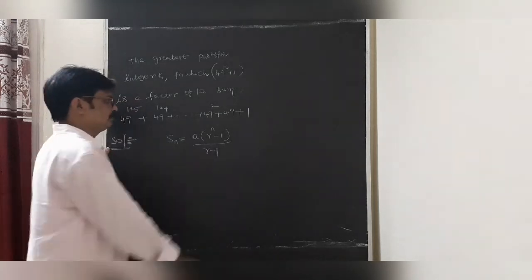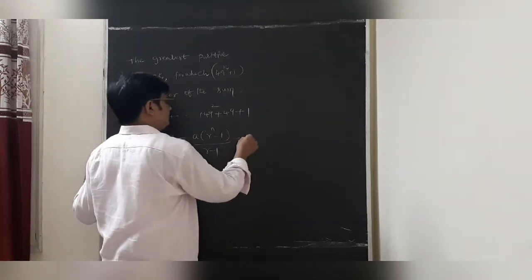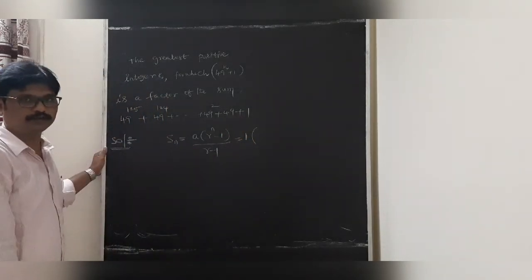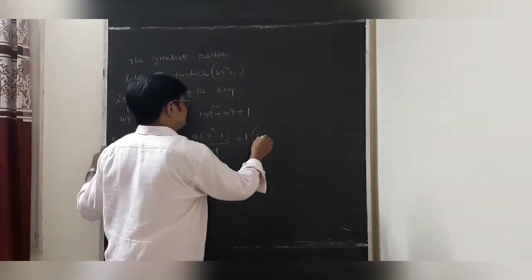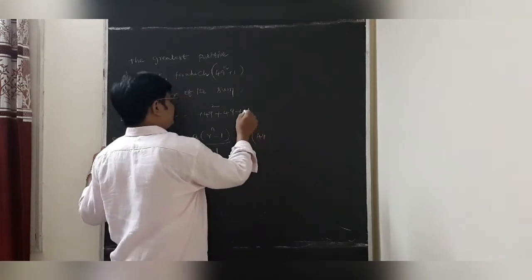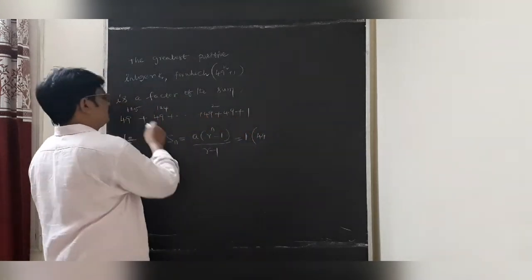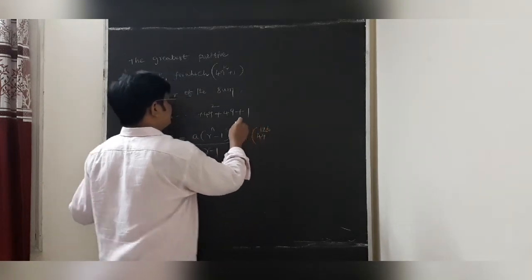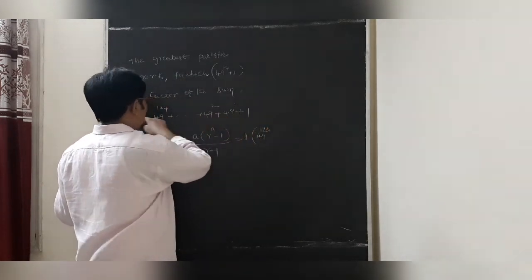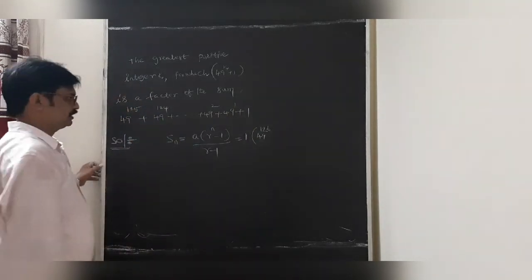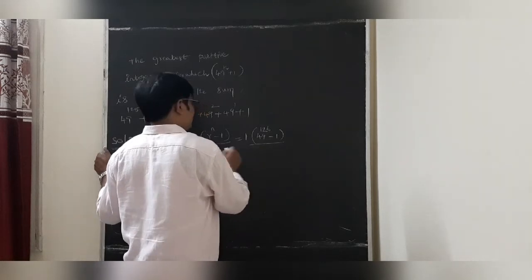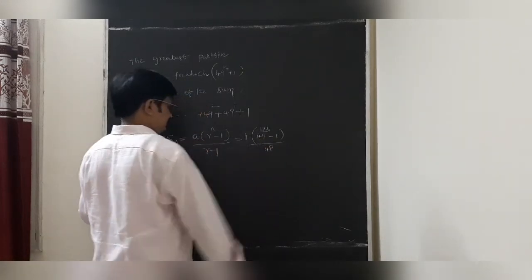The first term is 1, the common ratio, T2 by T1, is 49, the number of terms is 126. So 49 power 126 minus 1 upon 49 minus 1, which is 48.